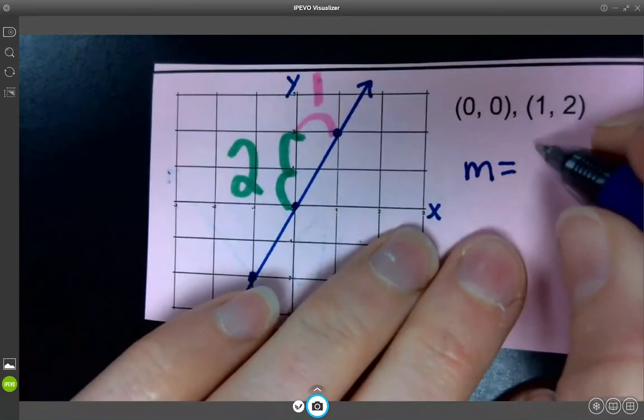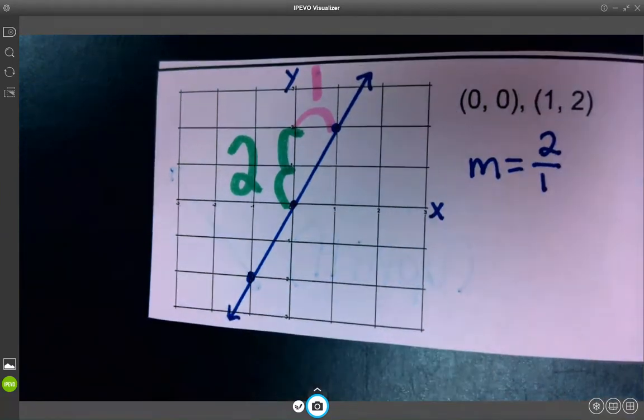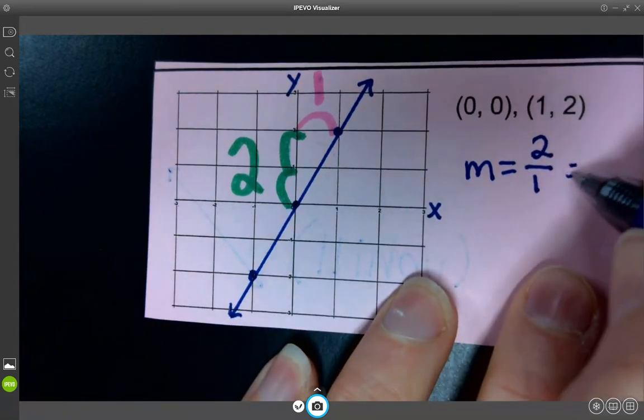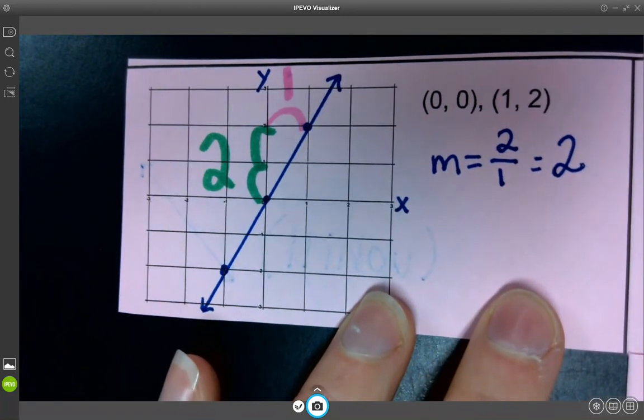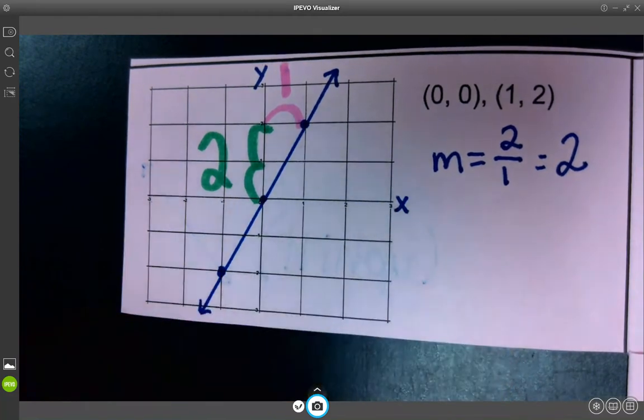So up 2 over 1. So I could leave it like that, but really I want to just write it as equals 2. So my slope is 2 when we look at it on the graph. And it is positive. It is going uphill.